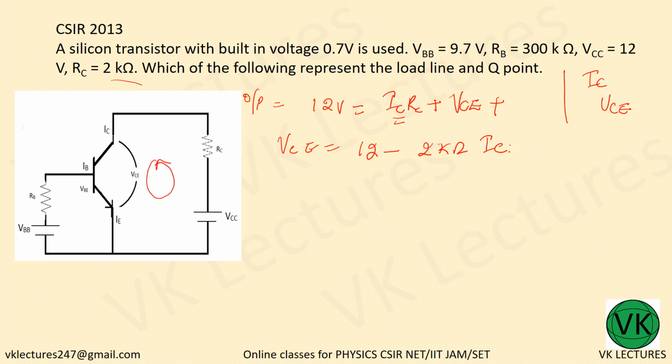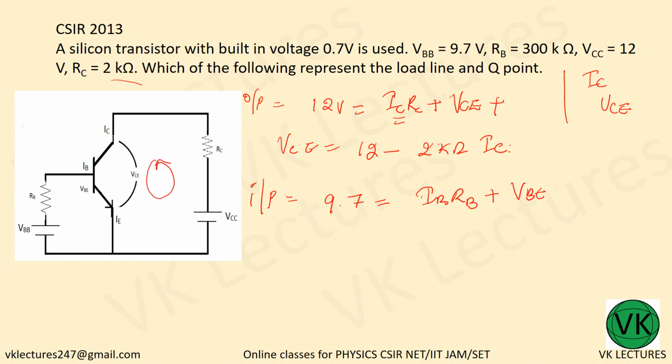Now what we have is input. So applying Kirchhoff voltage law to the input side, we have VBB. VBB value is given 9.7. So 9.7 equal to IB times RB plus VBE.